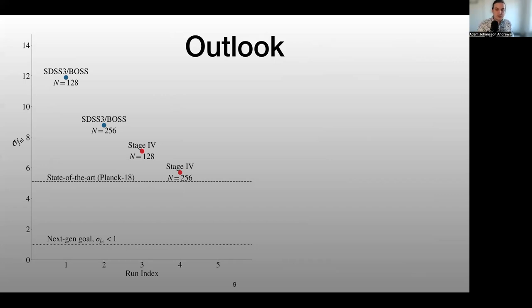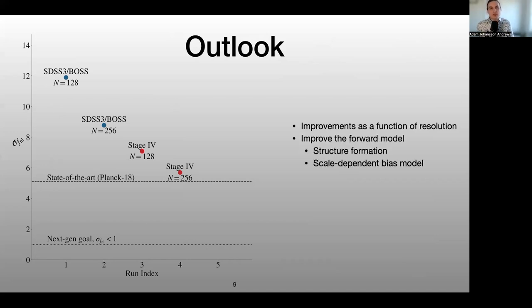But not only is the resolution a factor in how well we can constrain FNL, or how the scale that we can resolve affects FNL, we also see that with further tests we can improve the FNL constraining power by changing the forward model. Specifically, we can increase the sophistication of the structure formation model by going from Lagrangian perturbation theory.